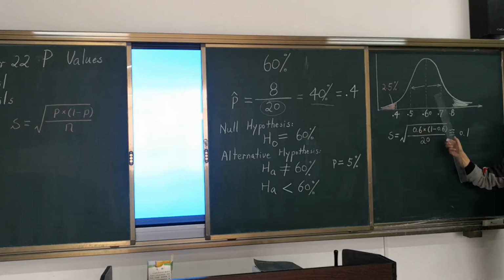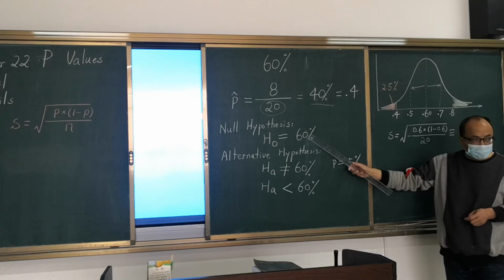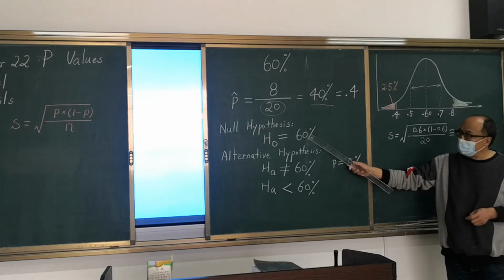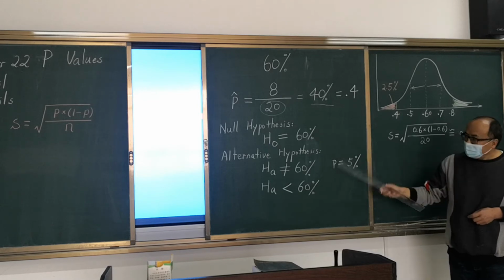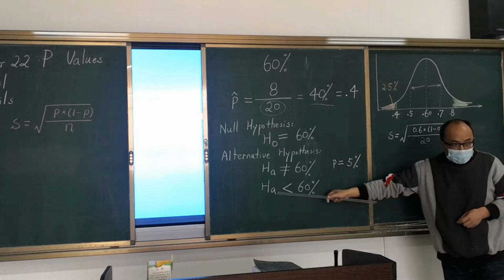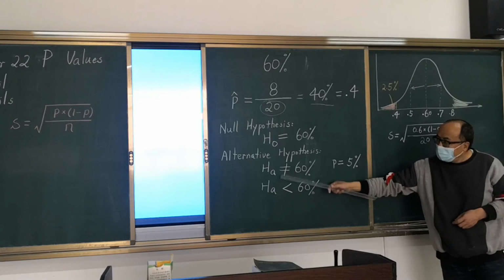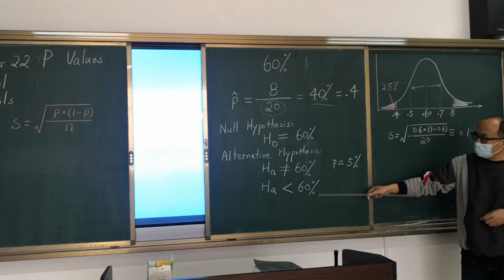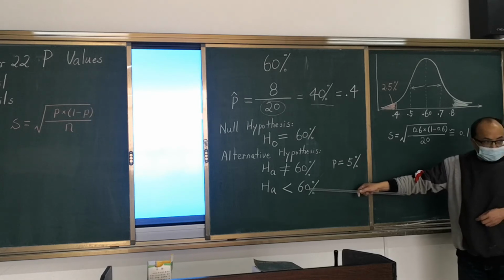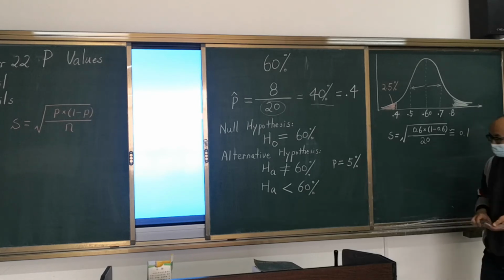So basically, we think this is not him. We think this is unlikely. So we believe the alternative, his true performance is less than 60%.